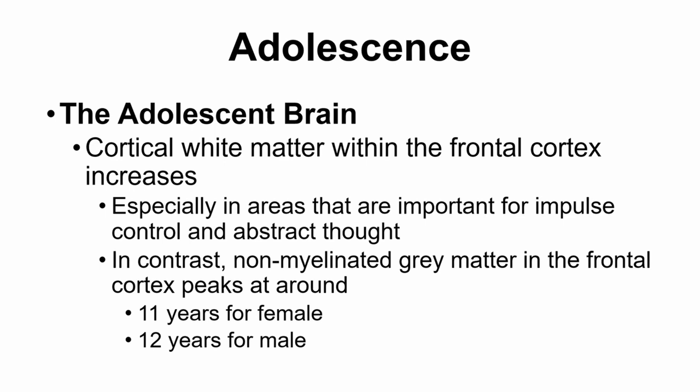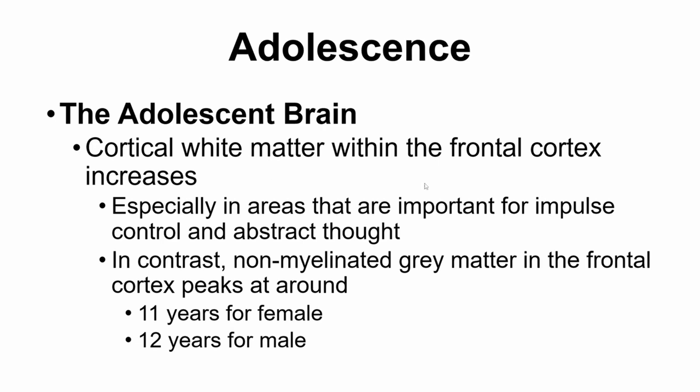If we look at the non-myelinated gray matter versus our white matter, which is myelinated, we're talking about cell bodies, which are always unmyelinated, being our gray matter, and then our white matter being those myelinated axons. The axons are how we make connections with other parts of the brain.